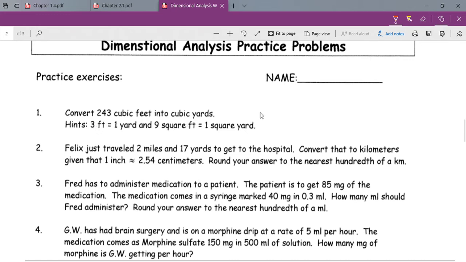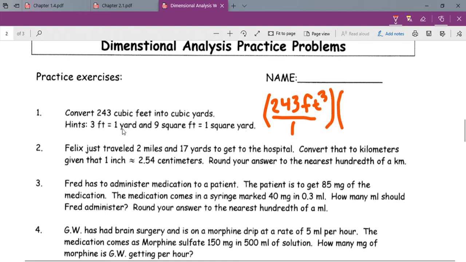Okay, so we have 243 cubic feet, so that's feet cubed, and we want to convert that into cubic yards. I'll go ahead and put it over 1 so you can set your conversion factors up nicely. We've got to use our hint here.